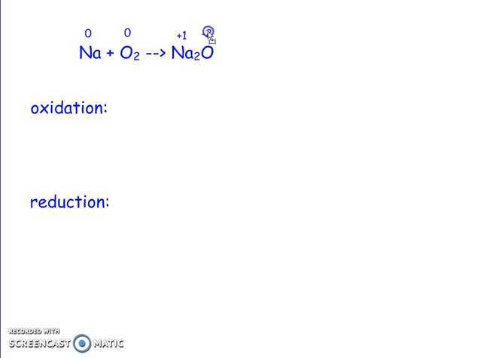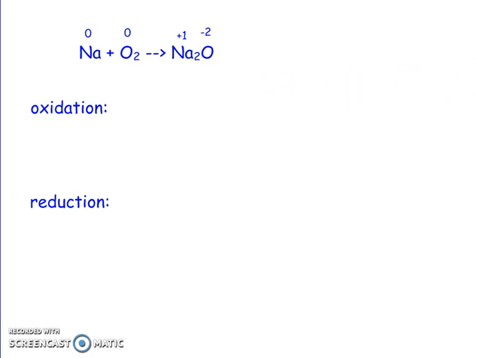So we know that in this product, sodium is a +1, oxygen is a -2. Now, if we had something like iron over here, we would have to use what we know about the charge of oxygen to figure out what the charge of iron is in that compound, just like we did when we were naming it and finding that charge so we could give it the correct Roman numeral.